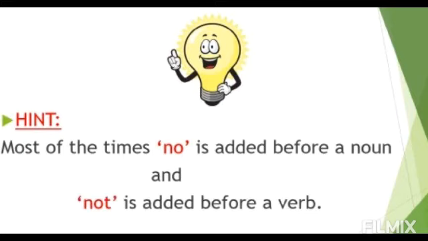The only thing we have to keep in mind is that no is added before a noun and not is added before a verb. Okay, children. That's all. Very simple, very easy. You can easily change a sentence into negative. Hope you all understand how to make a simple sentence into negative and an imperative sentence into negative. Okay. Thank you, children.